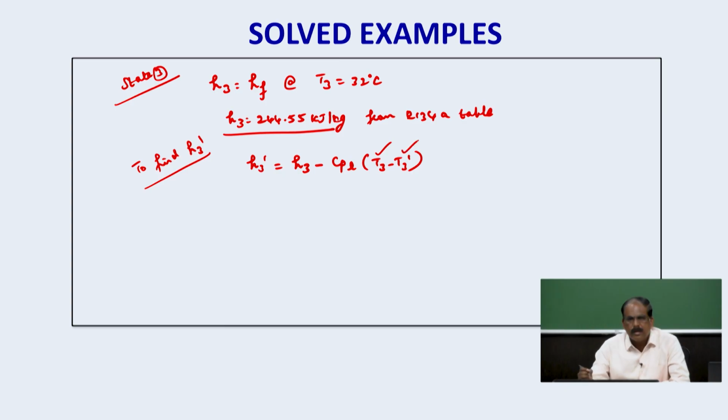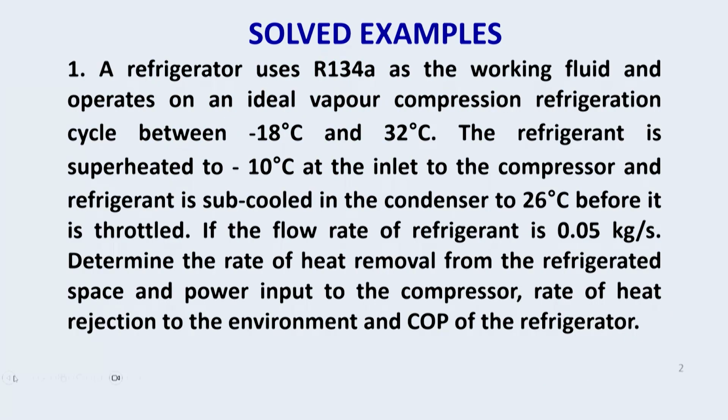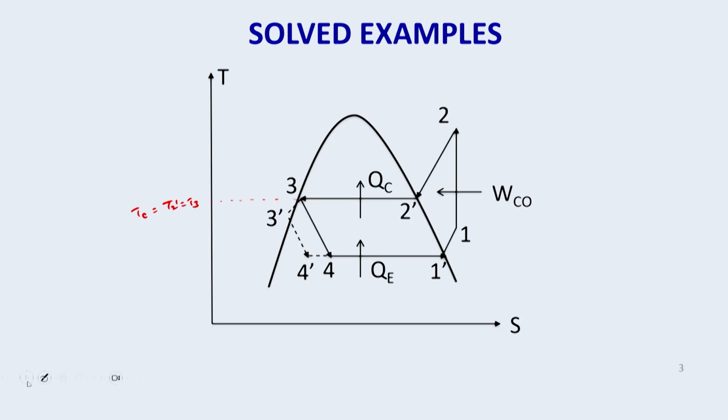The liquid refrigerant is subcooled to 26 degrees centigrade, which is given in the problem. So T3 dash is equal to 26 degrees centigrade, and of course T3 is 32 degrees centigrade.